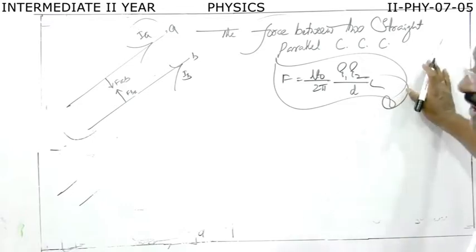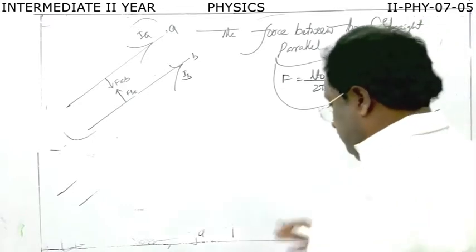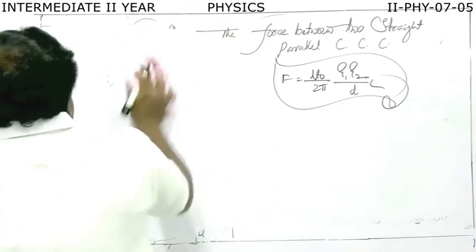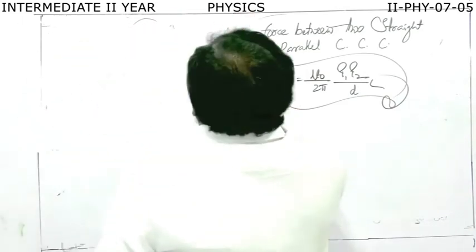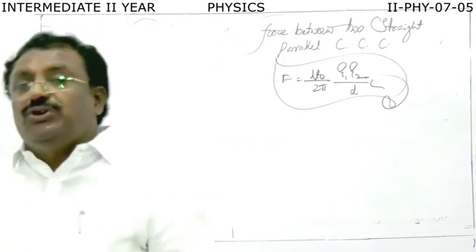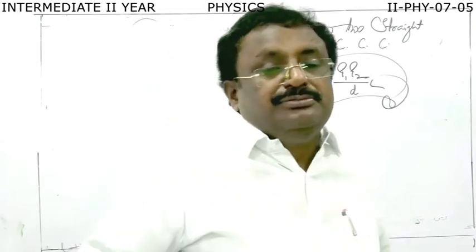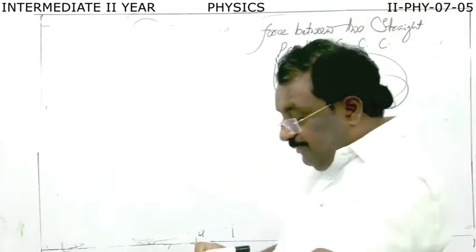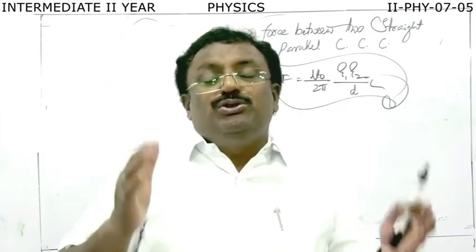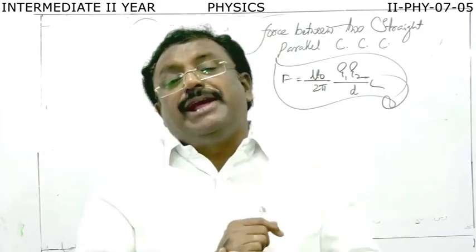On the basis of this equation, now we can define the ampere. Ampere is a fundamental physical quantity. You studied this in first year. Ampere definition means: how much current is called 1 ampere.